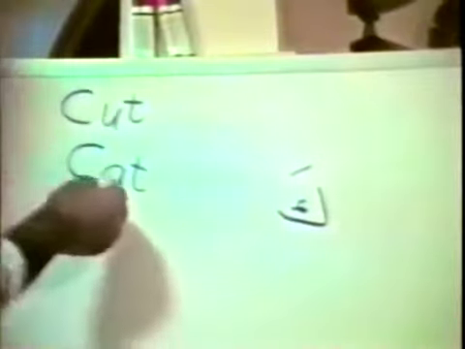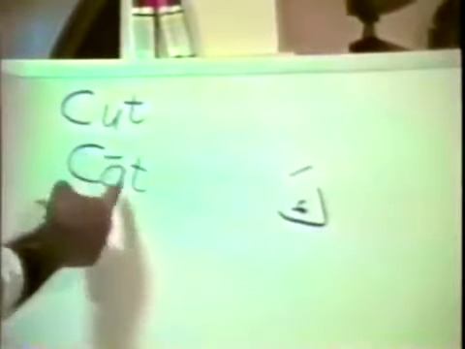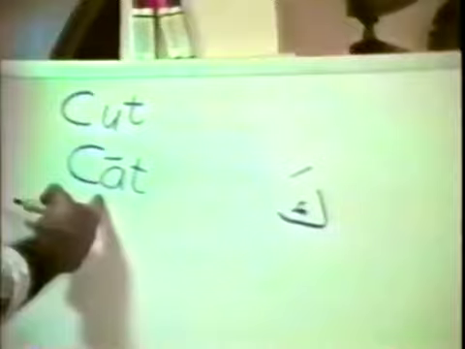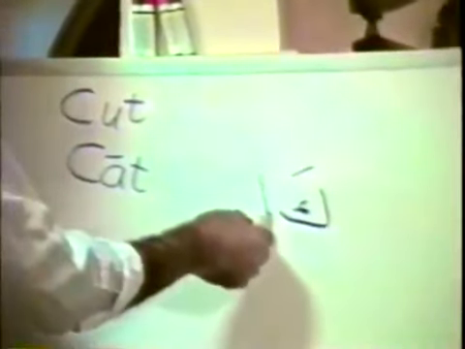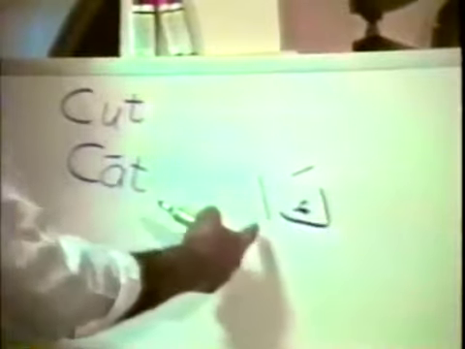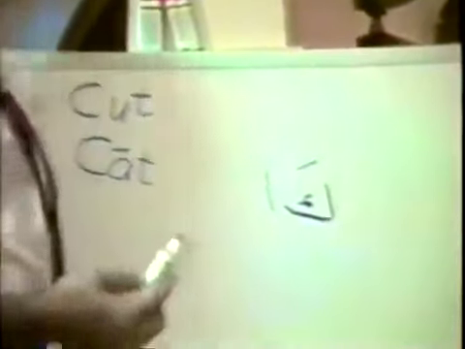Now, to make it a long vowel, as we see here in cat, you simply add the letter alif after it. This makes it kaa, makes it a long vowel. Kaa, not ka. So this makes the difference between cut and cat. You add the letter alif after the letter with the slanted dash on top of it.